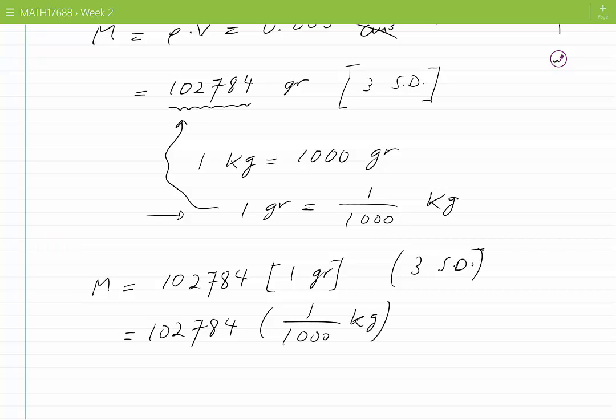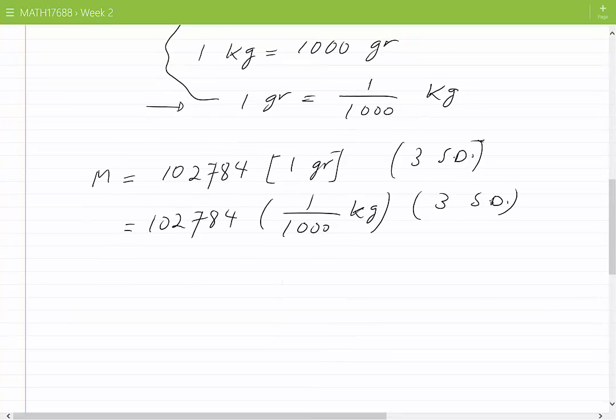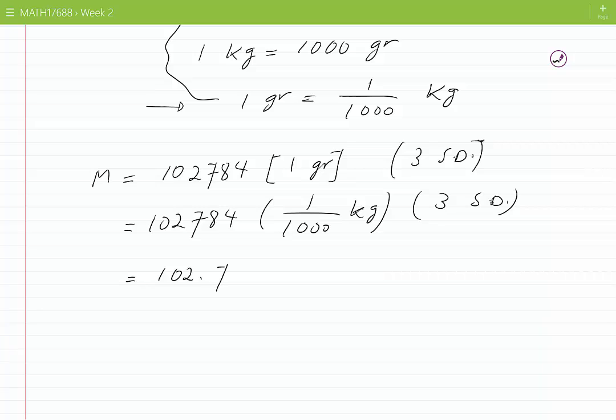And I keep in mind that this answer has only 3 significant digits. This ends up 102.784 kilograms with 3 significant digits only.